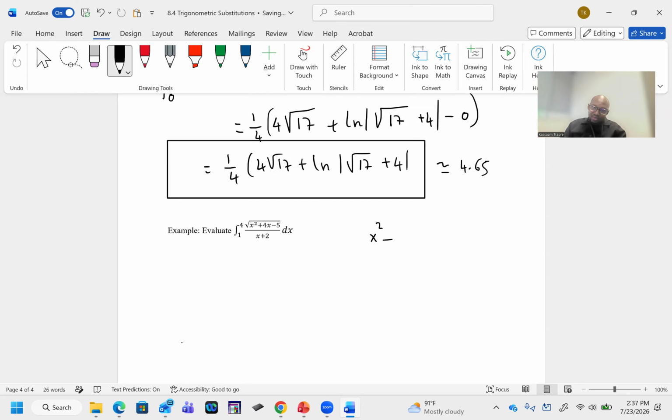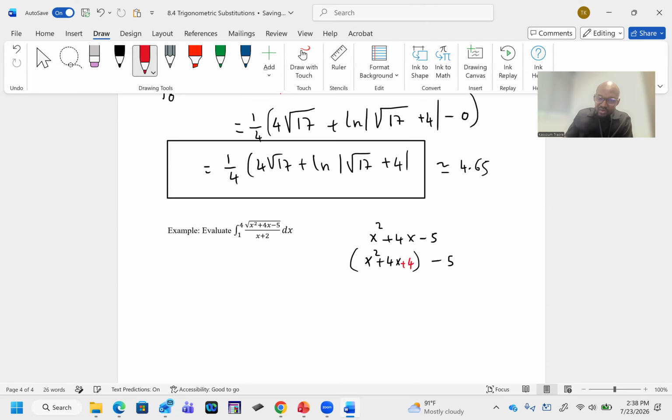So the goal, first thing, is to write this as a perfect square. It can be either the difference of two perfect squares or the sum of two perfect squares. So we have x squared plus 4x minus 5, right? What do we need to add to make this a perfect square? We have done this in college algebra. It's plus 4, right?